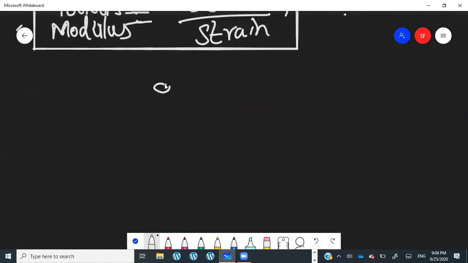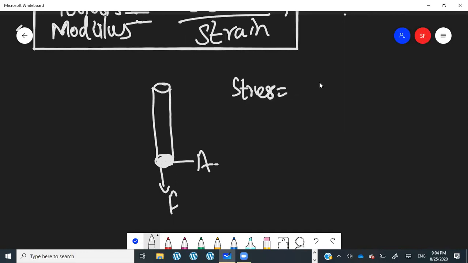So basically, if you have a wire and on the same wire there is some force being applied, and it has constant cross-sectional area A, the stress is going to be the force upon the original area. The area can also be written as pi r squared, right?